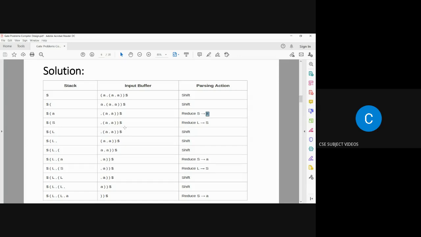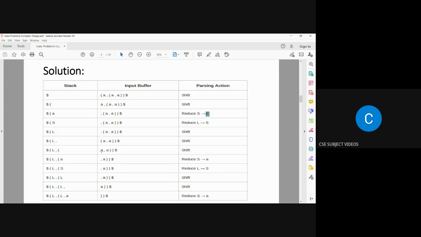With this what we will do, shift or reduce. With this we can do shift operation. So again comma shifted to top of the stack. Okay, dollar open bracket l comma, remaining input symbols open bracket a comma a close bracket dollar. With this comma reduced to nothing. So again we are performing shift operation from input buffer.